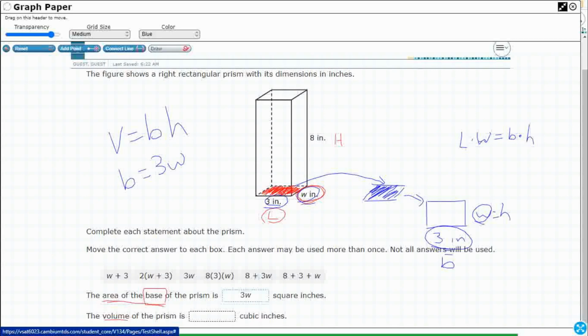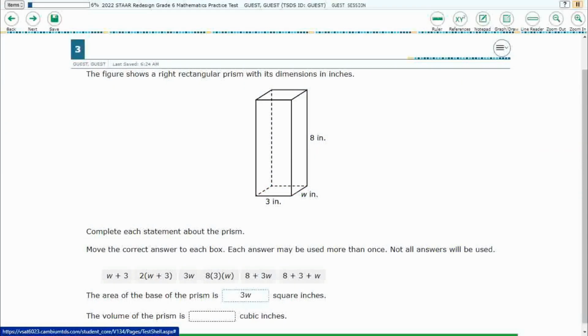So we need to multiply this, substituting that right here. So volume is going to be the 3 times the W times that height. Okay, and that height happens to be this 8. So we can replace that with the 8, which means our answer is going to be the 8 times 3 times W.